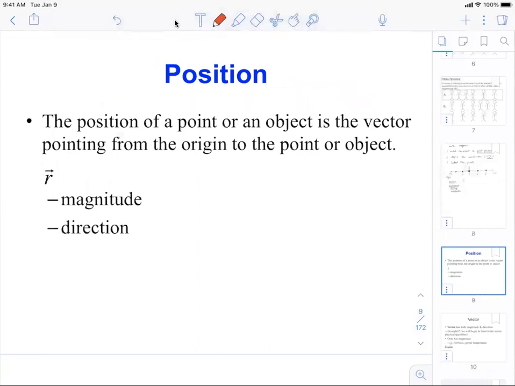Not only does it have a magnitude, it also has a direction. You have to tell people how far you are away from your origin. You have to tell people in what direction you are away from your origin, right? So that is a position vector. We use R to represent it and put a little arrow on top of it. This arrow represents that it is a vector. You need to tell people about the magnitude and the direction.